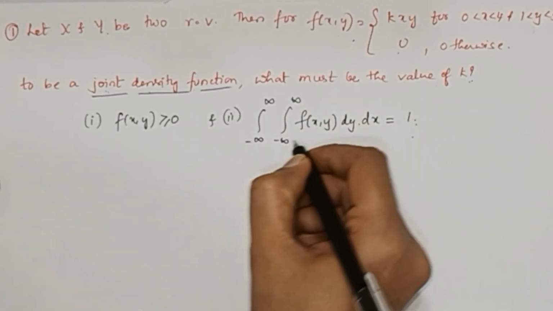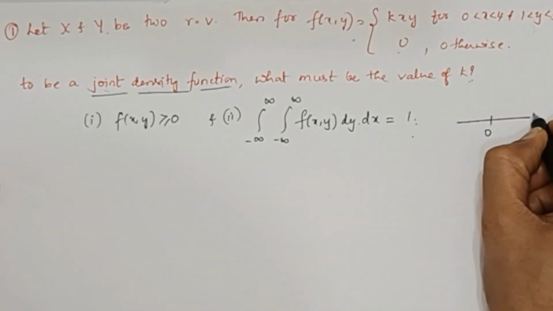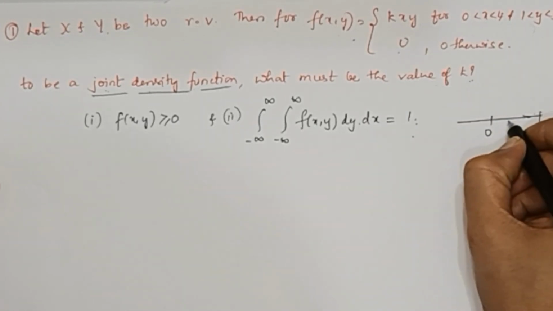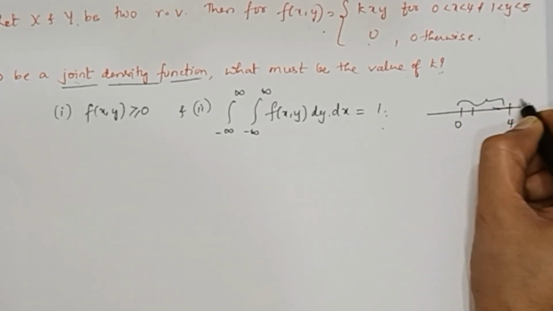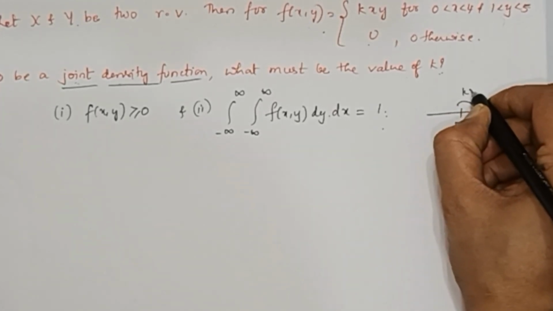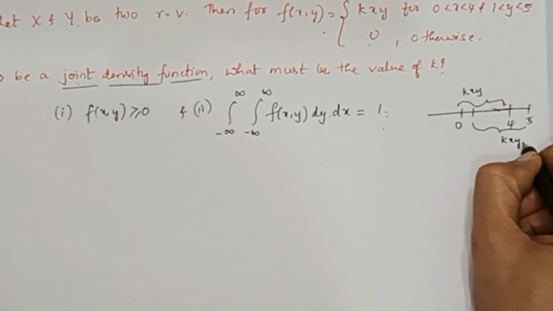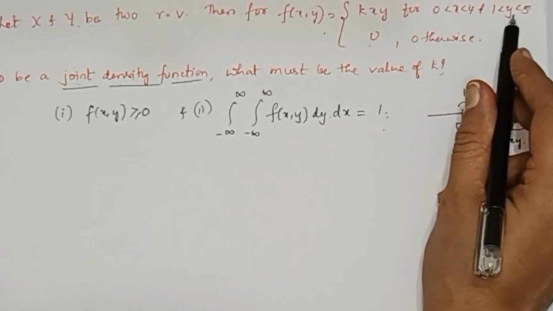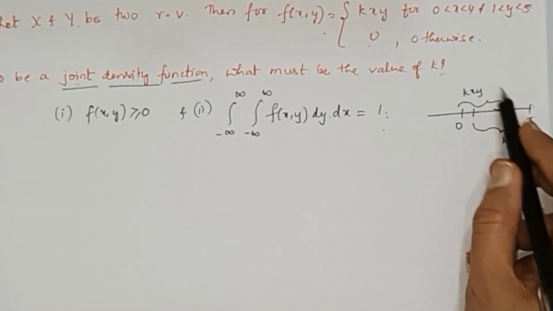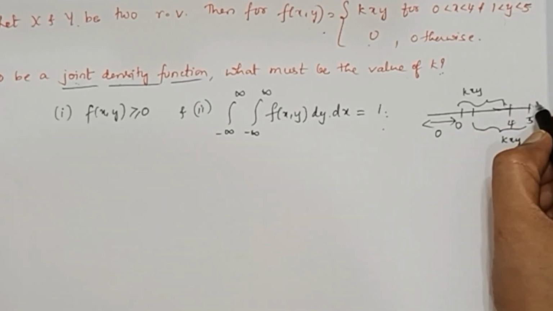So now here how the function is given. So 0 to 4 and 1 to 5. So for 0 to 4 the function is kxy and for 1 to 5 the function is kxy. If the values of x and y are between these two ranges, then the function is kxy. In all other cases the function value is equal to 0.